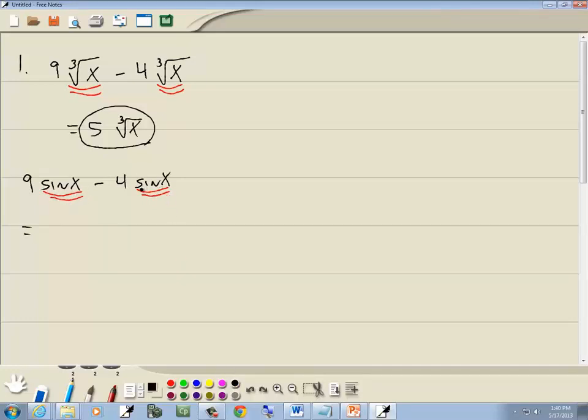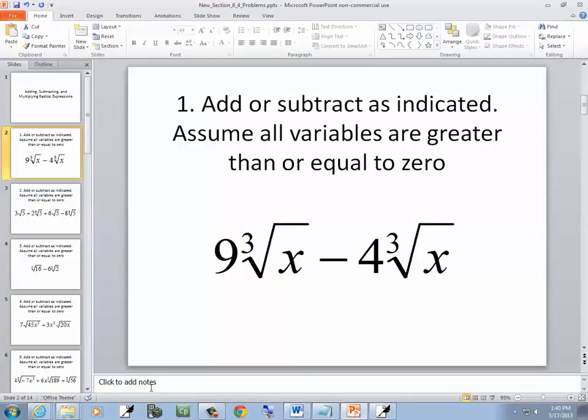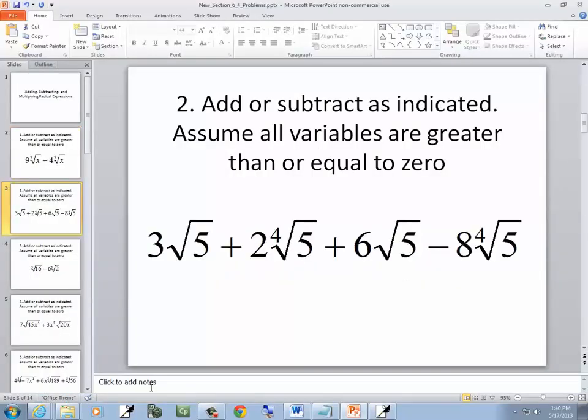They're the same, aren't they? So 9 minus 4 would give us 5, and that's sine, by the way. So we'd have 5 sine x. So again, I don't really like it when they try to give individual names to all of these, because really it should be like items, the like items property. Let's take a look at our second one here.